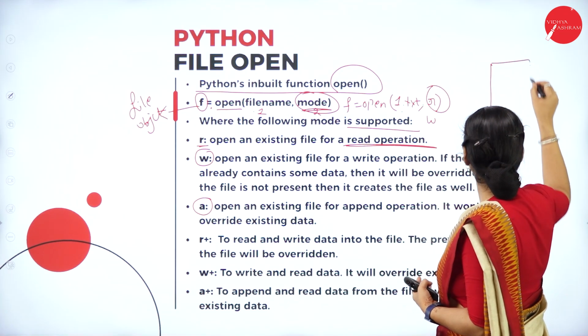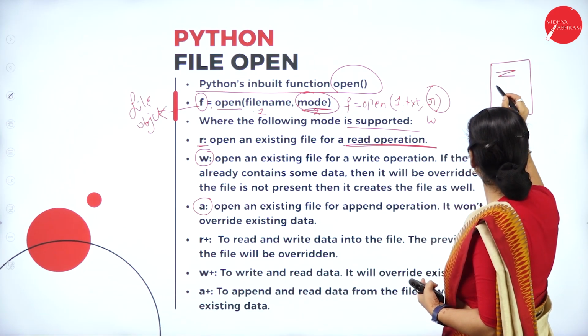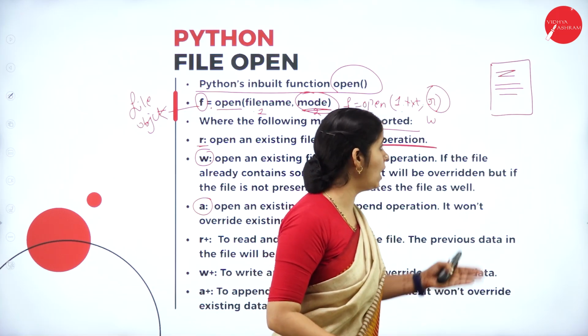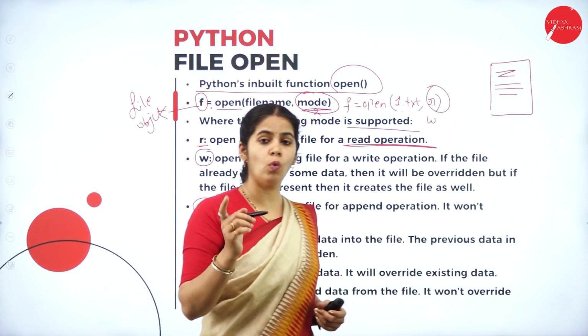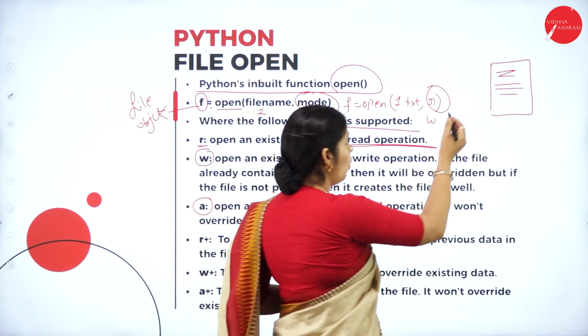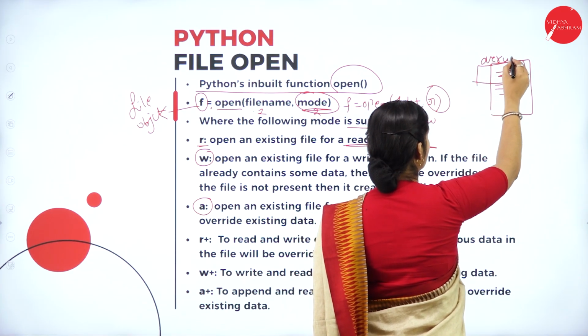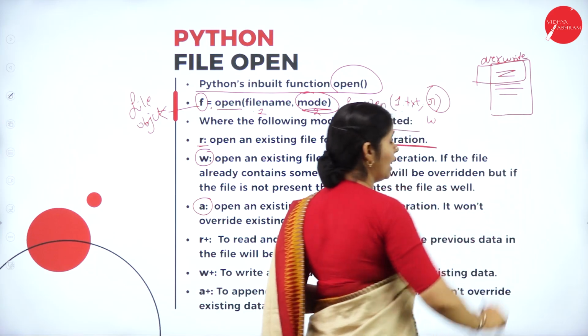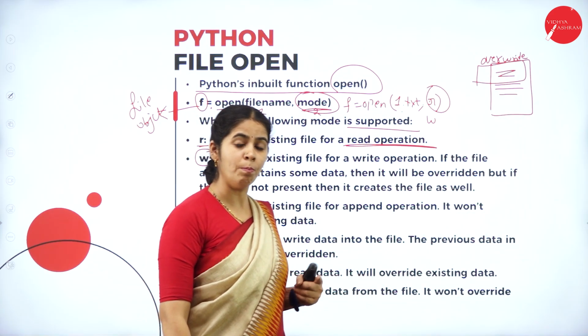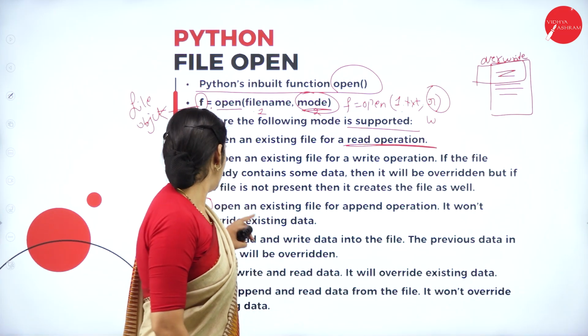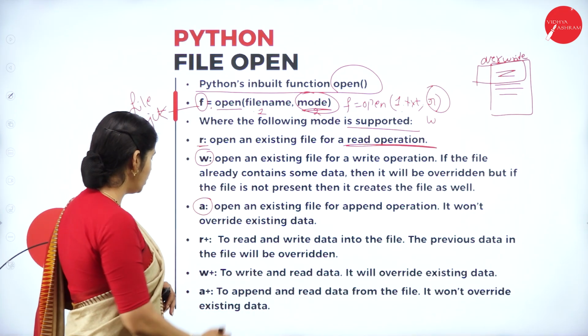If the file has two lines, I can add some more lines with the existing lines. Where if you open with write mode, it will overwrite the existing content, but append will add the data to the existing content. That is the append function.